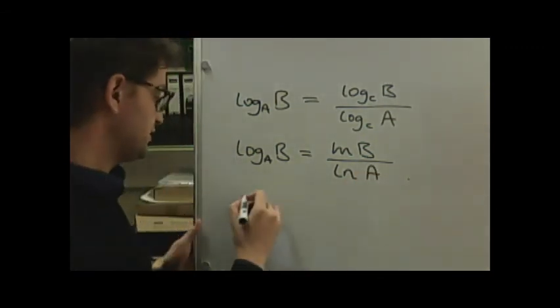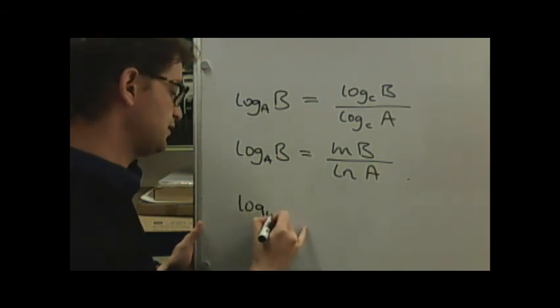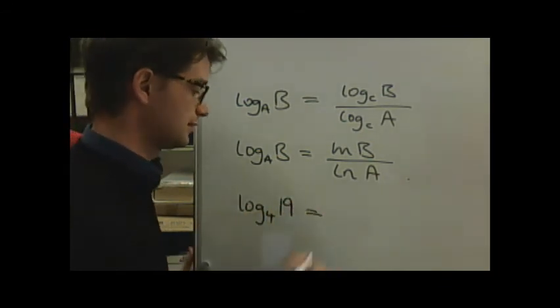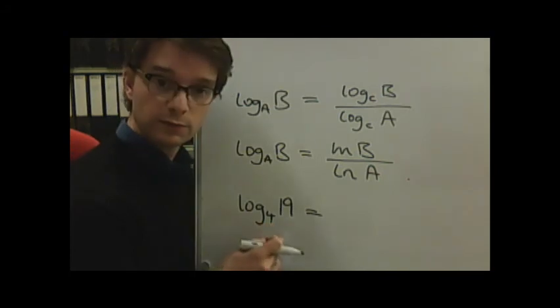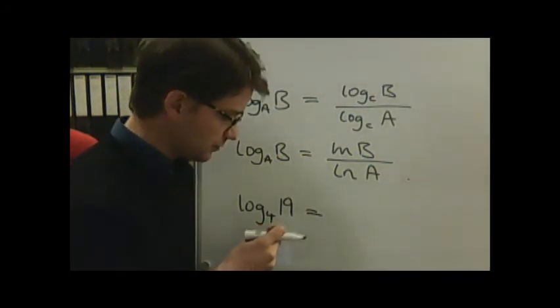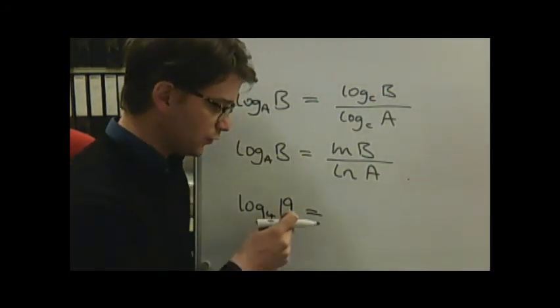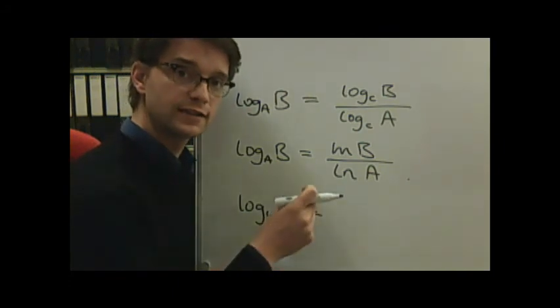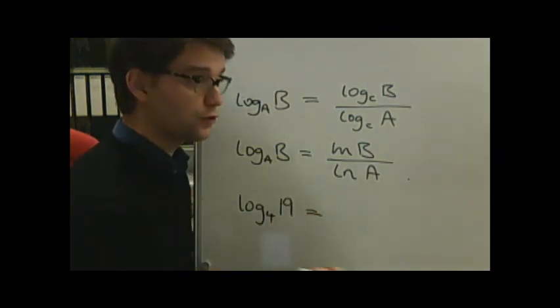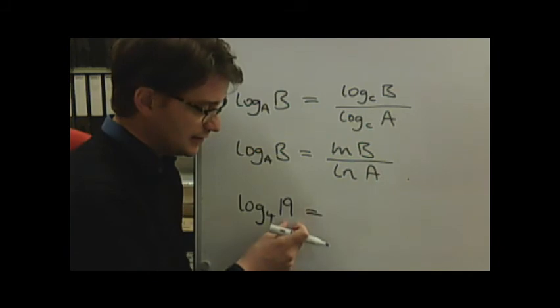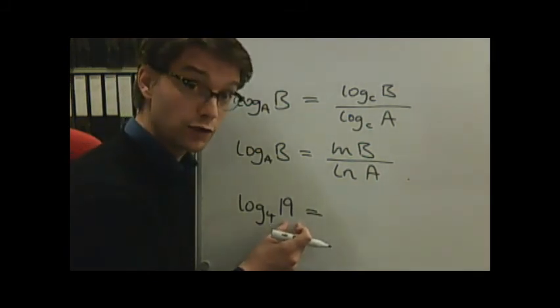So if we were to do an example, we might say, what's log to the base 4 of 19? And you would hope to see quite quickly that it is a little bit more than 2, because 4 squared is 16 and 4 cubed is 64, so 19 sits somewhere between 4 squared and 4 cubed.